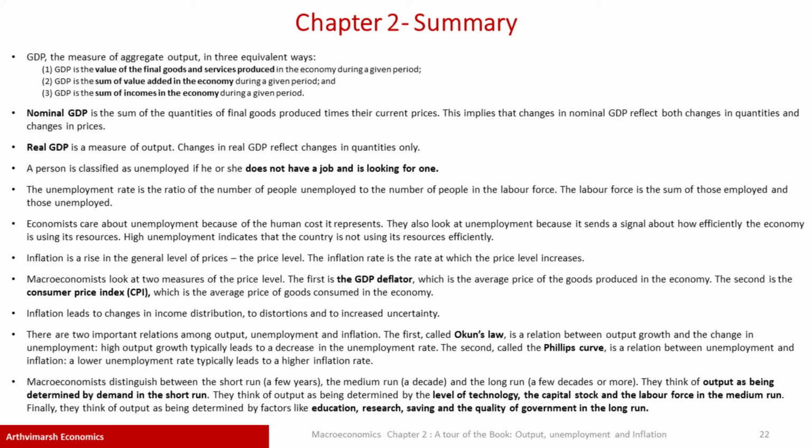Then we talked about the GDP deflator and CPI as measures of inflation. In the next section, we talked about the Phillips curve and Okun's law, which basically explain the linkages between inflation, unemployment, and the output gap. Finally, we talked about the notion of the long run, medium run, and short run, and how to go about interpreting it in the macroeconomic discourse.